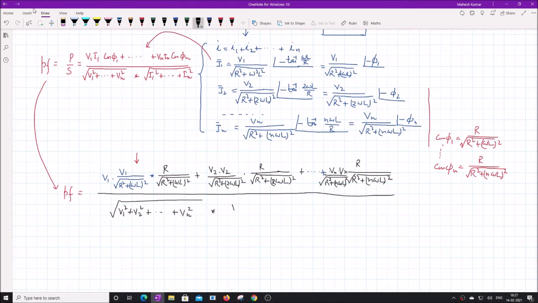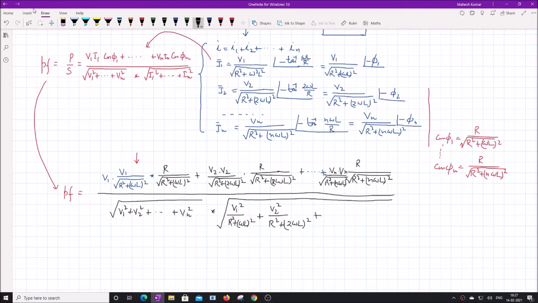I1 is nothing but V1 by the square root of R squared plus (ωL) squared, plus V2 squared by R squared plus (2ωL) squared.